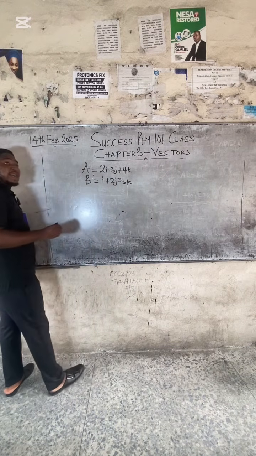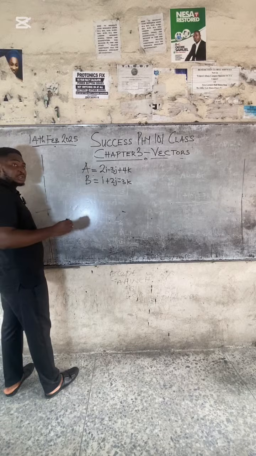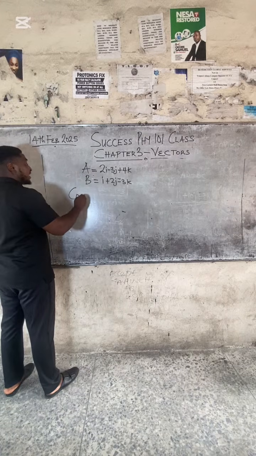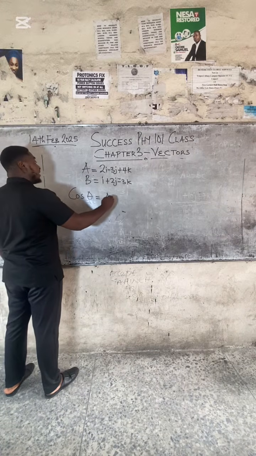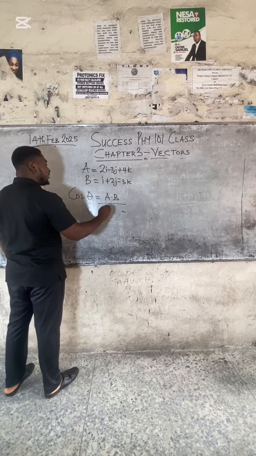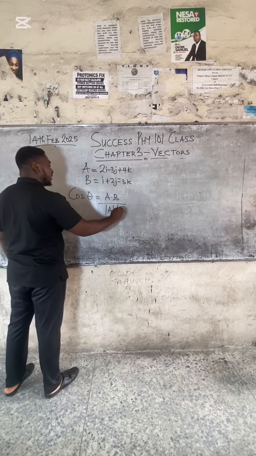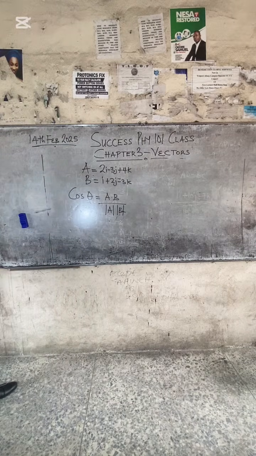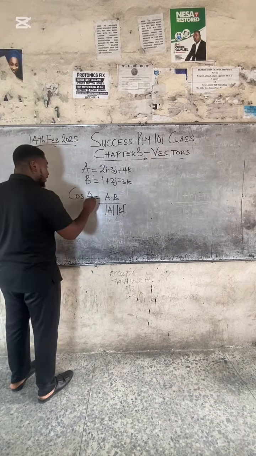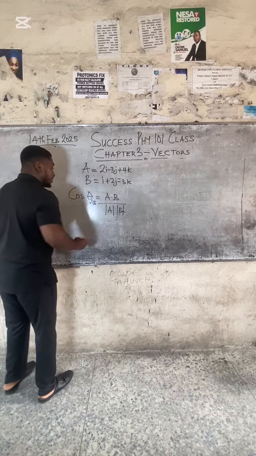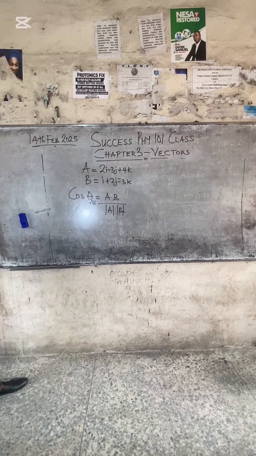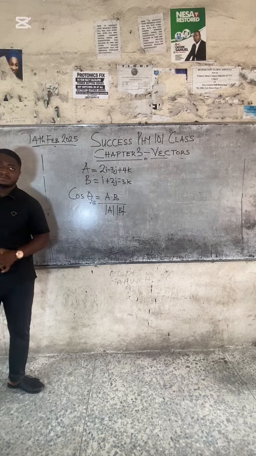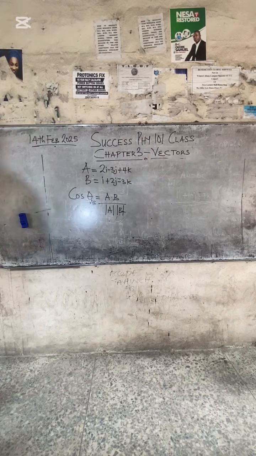Class, you can be asked to find the angle between these two vectors. The formula is cos theta equals A dot B all over the magnitude of A times the magnitude of B. This is the formula that will help you find the angle between two vectors.